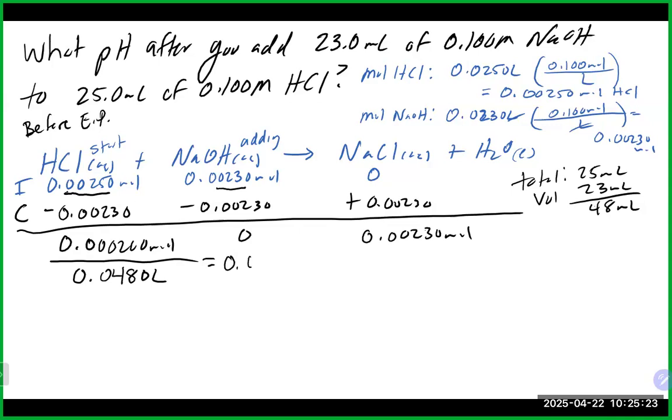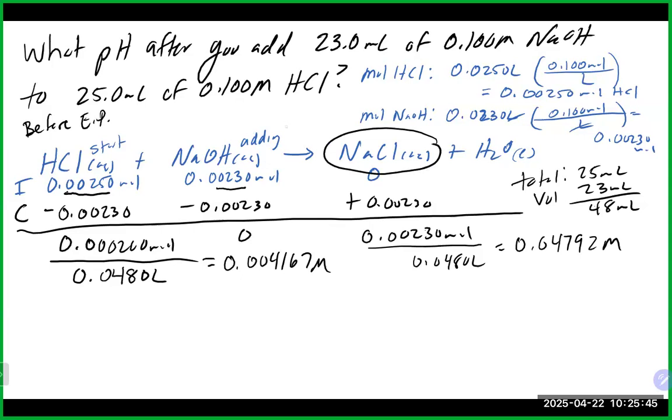So 0.004167, we'll call it. Could also, if you wanted to, divide this guy by the same volume. That's going to give us 0.04792 molar. Again, if you're not sure what's going on, you could circle in your ice table what you have left at this point.